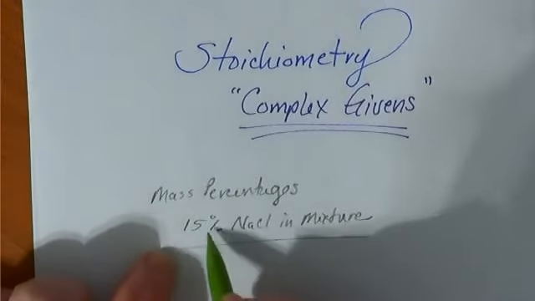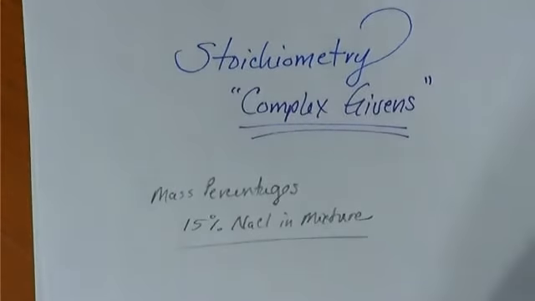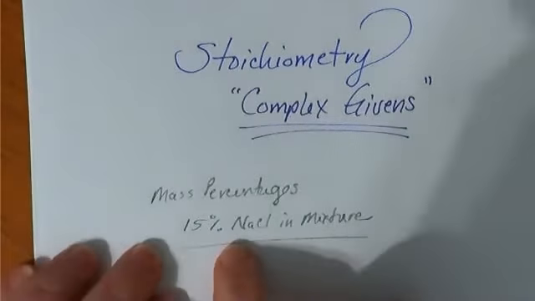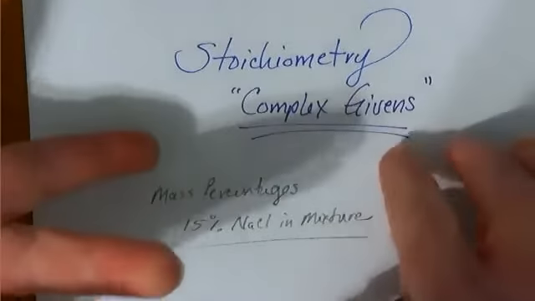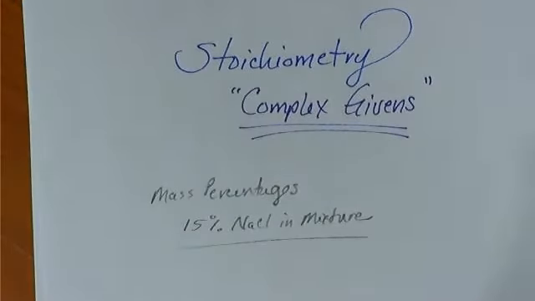That just seems a little different than what we've been working with. And so that's going to fall into the category of what I just like to call a complex given. This is a bit more involved than what we've been working with.